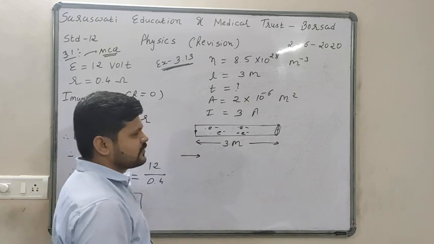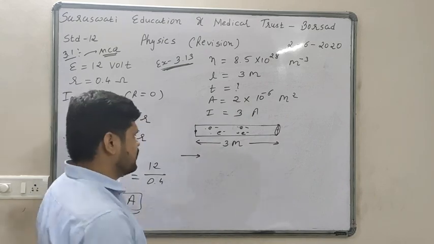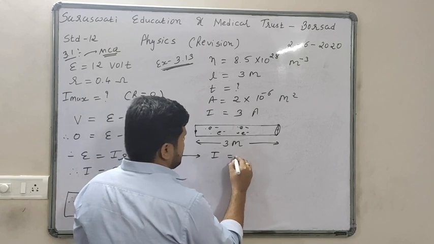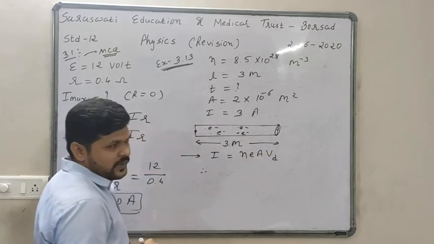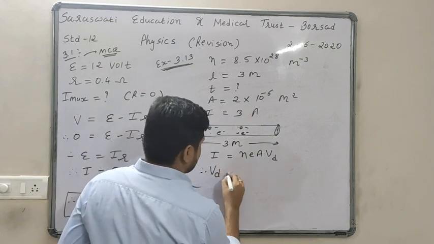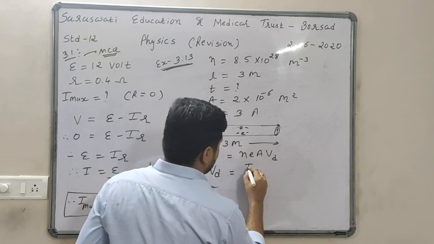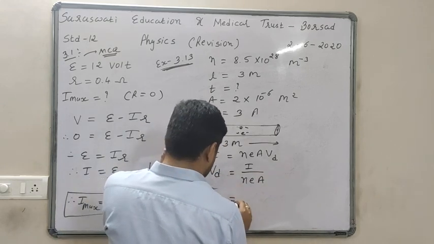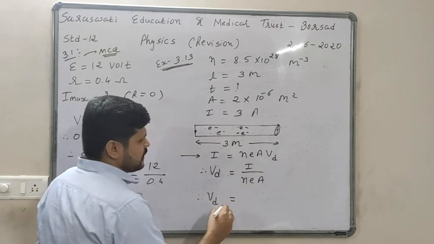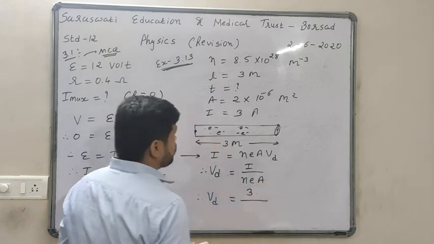Now we know the relation between current and drift velocity, that is I is equal to NeAVd. Now make drift velocity Vd the subject. So Vd is equal to I upon NeA. So Vd is equal to I, which is 3, upon NeA.